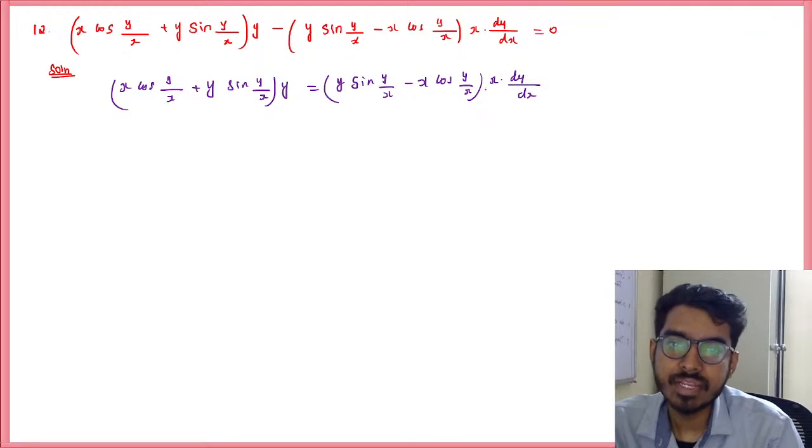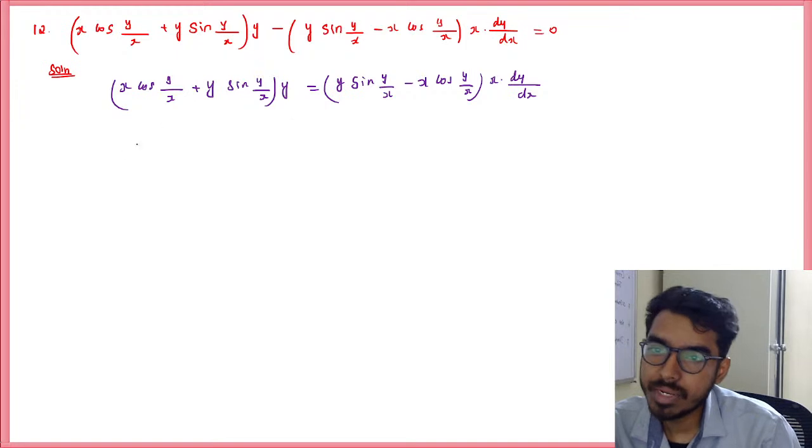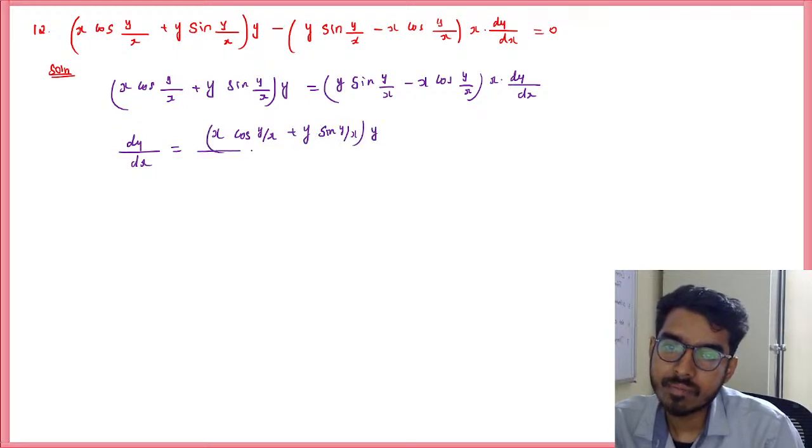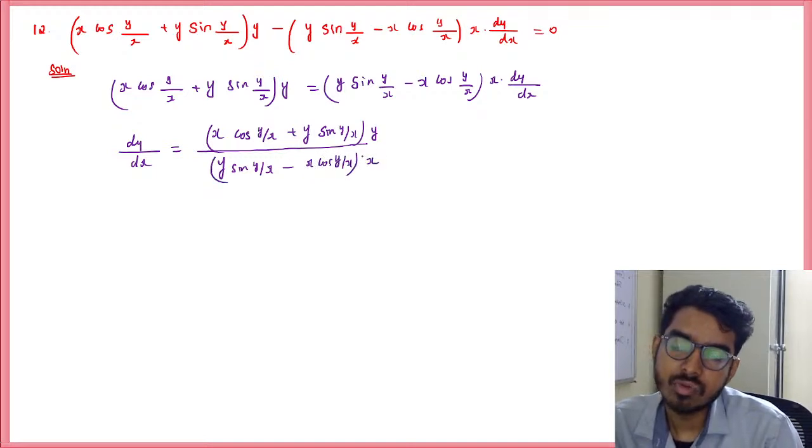That means dy by dx is, you bring this entire term to the downside, equal to x into cos y by x plus y into sin y by x into y, divided by y into sin y by x minus x into cos y by x into x, right?